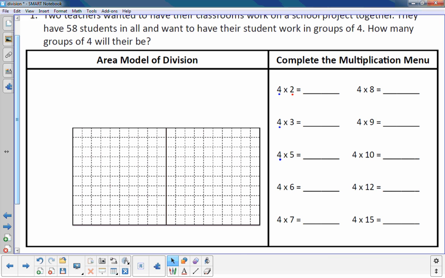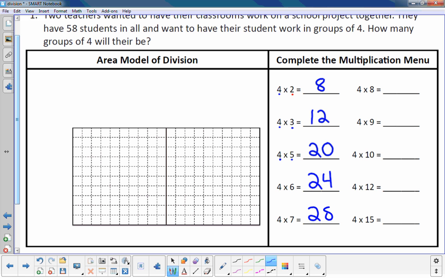That would be 8 total students. 4 students in 3 groups, so that would be 12 total students. 4 students in 5 groups, that would be 20 total students. And we're trying to get as close as we can to what the problem is trying to answer.